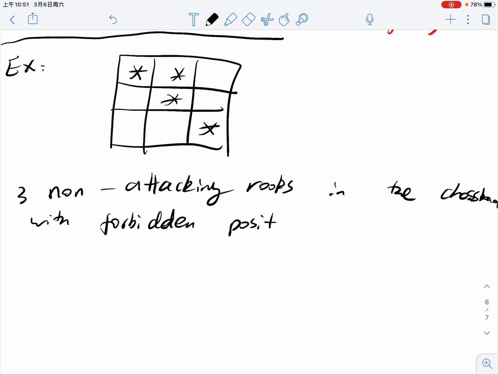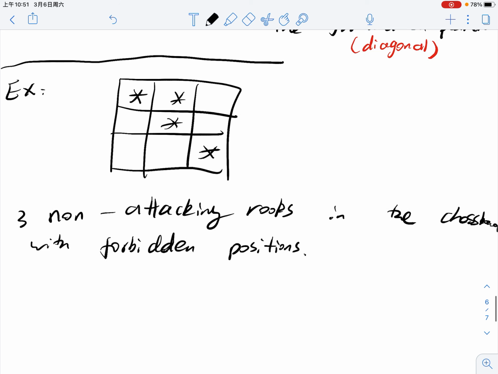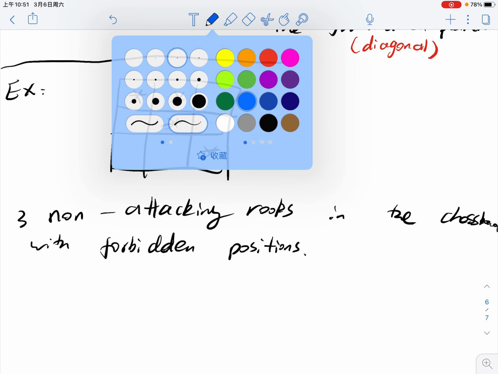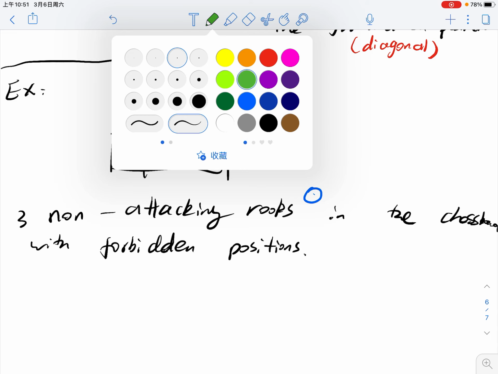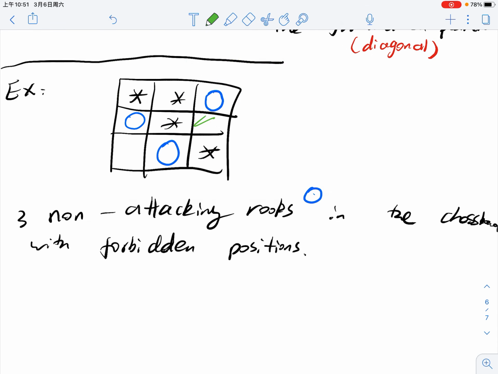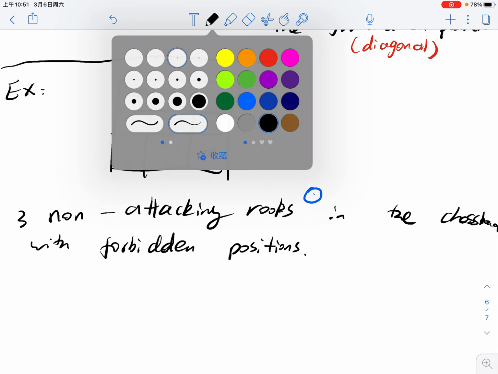Forbidden positions means you don't put rooks inside. And here it seems you only have, let's use the blue circle, one possibility. Here should be a rook, here should have a rook, and then the last one should be here. This is empty. You cannot put it into these positions.